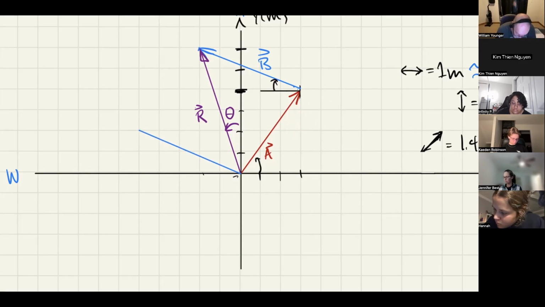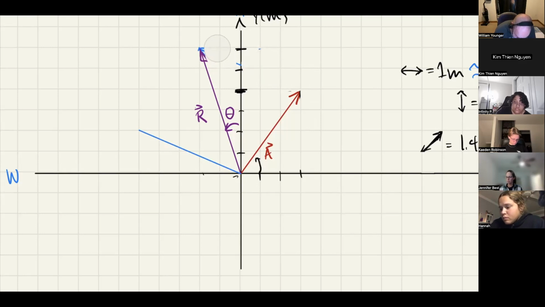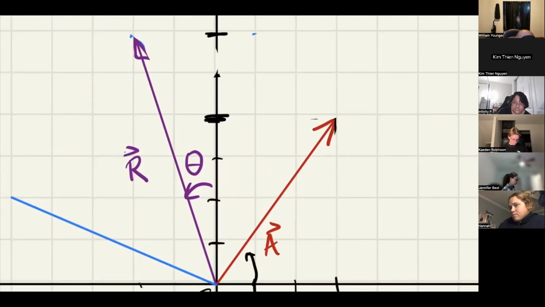Now I can get rid of my B vector that I drew over here. So when the vectors, well, actually, let me fix this real quick. Let me fix this one too.